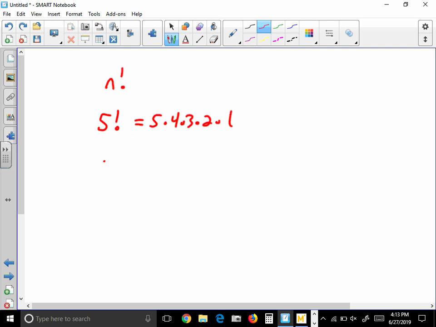So 8 factorial means 8 times 7 times 6 times 5 times 4 times 3 times 2 times 1. Those can get big in a hurry because each time the factorial number gets bigger, we're increasing by a multiple of whatever that number is.